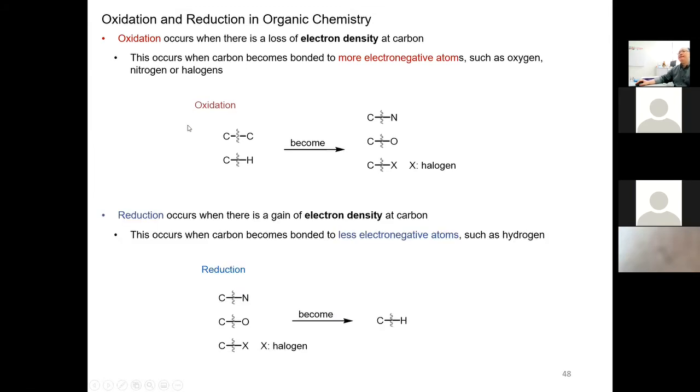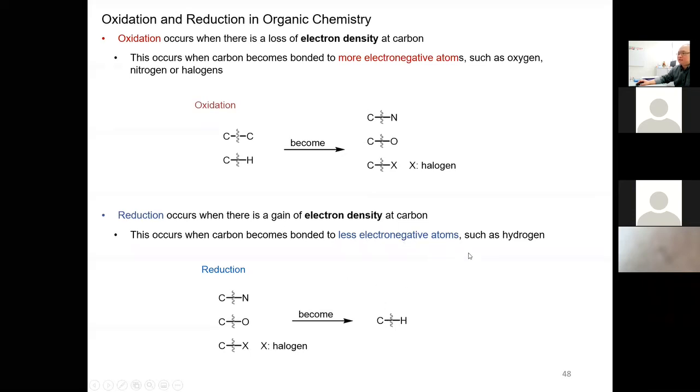Reversely, reduction occurs when there is a gain of electron density. If the starting material has the carbon bonded to very electronegative atoms like nitrogen, oxygen, or chloride, and at the end it becomes a CH bond or CC bond, then we say there is a gain of electron density, because it is bonded to less electronegative atoms.